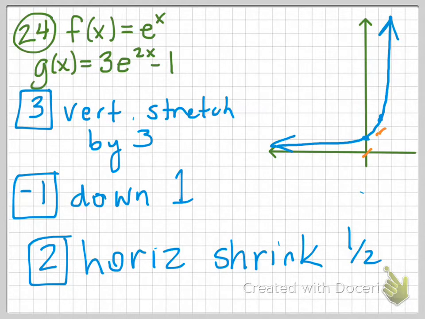The other thing about moving down 1 is that our horizontal asymptote would now move down 1 as well, so we'll know what to hug. So we have a vertical stretch by 3, and the vertical stretch by 3 on the left side is going to do next to nothing. So we can just draw the tail back here, as I like to call it, like that.